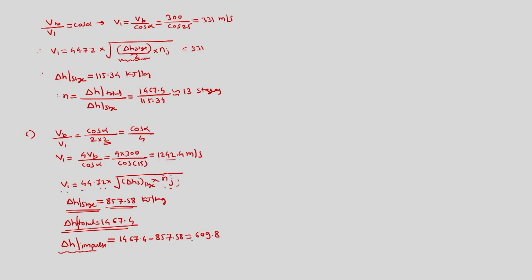This is the enthalpy drop if we use all the stages after the 2-stage Curtis as impulse. So we have to find the number of impulse stages.